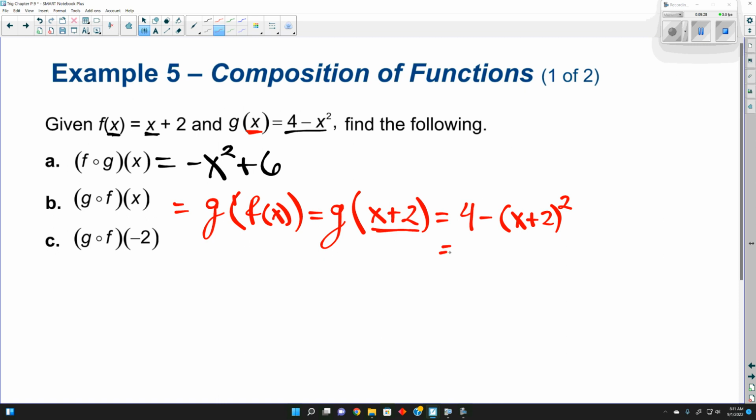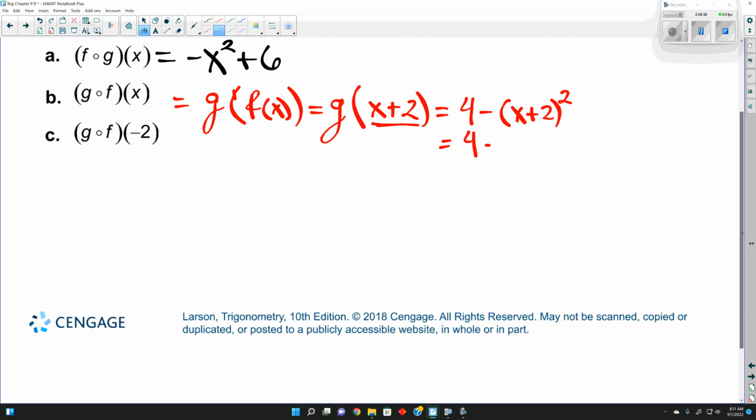Now here, if we evaluate this, 4 minus, well, x plus 2 squared is saying what? We're taking x plus 2 and multiplying it by itself, yes? And if we wrote this out and did the whole multiplication process, we would end up getting x squared plus 4x plus 4.